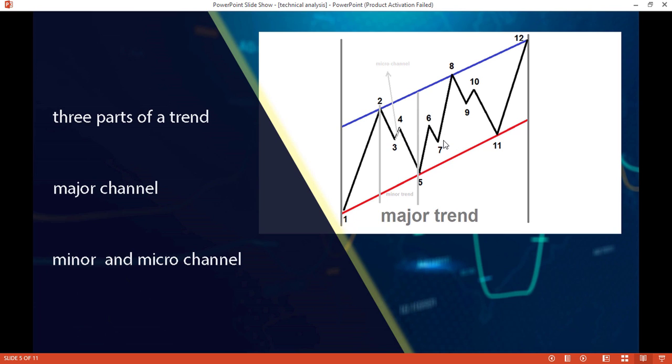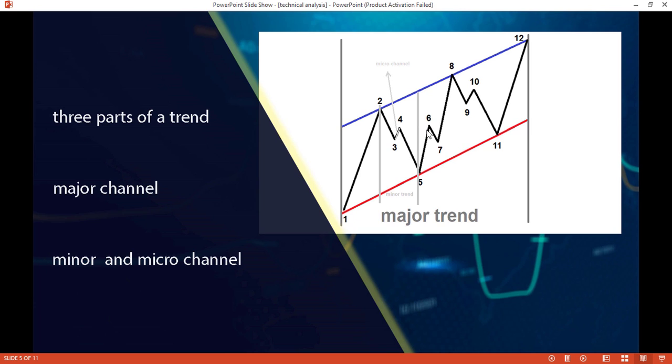These are micro movements and they mostly happen after news which is not important enough to start a big movement or change the trend of the market.